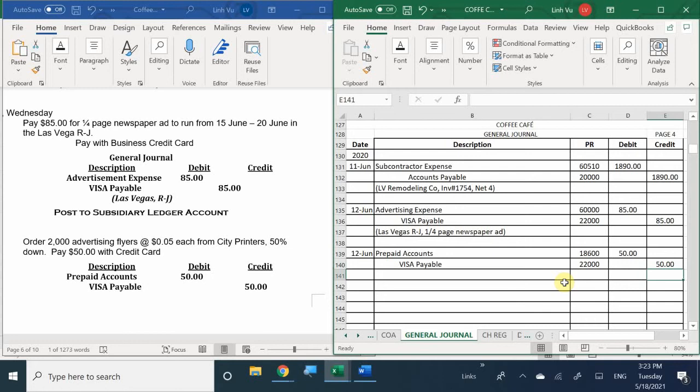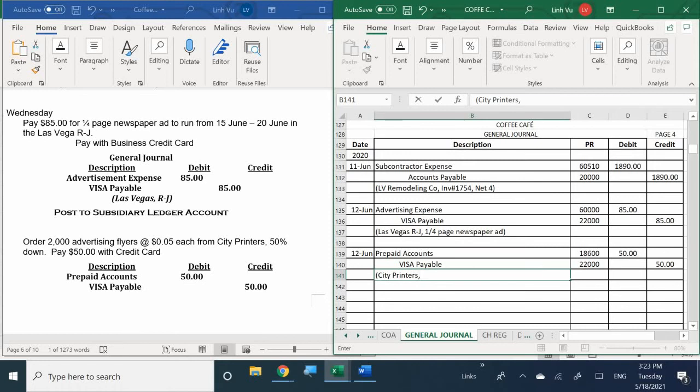Once again, do we know who we bought this from? City Printers. We purchased this from City Printers.